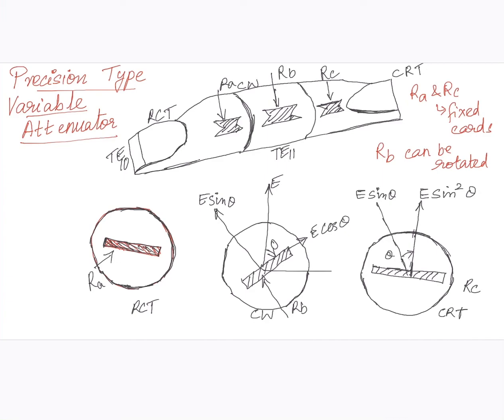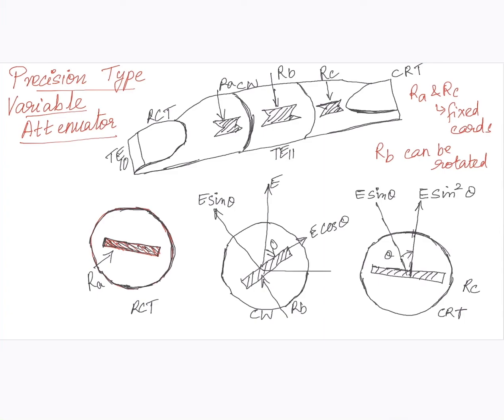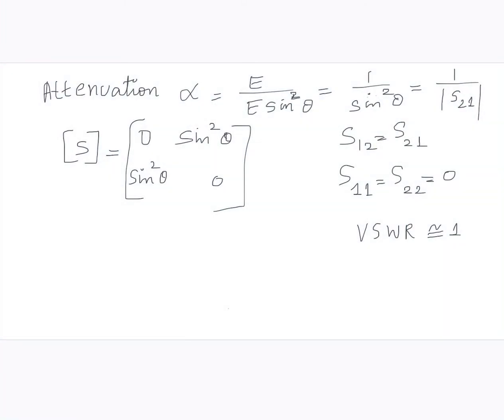So this is basically a two-port network where we can call this port 1 and port 2. So the S matrix of this attenuator will be a 2 by 2 matrix. So also we can write the attenuation alpha is equal to the total signal, that is E, divided by the transmitted signal E sin square theta, which will be equal to 1 by sin square theta, which can also be written as equal to S12 or S21.